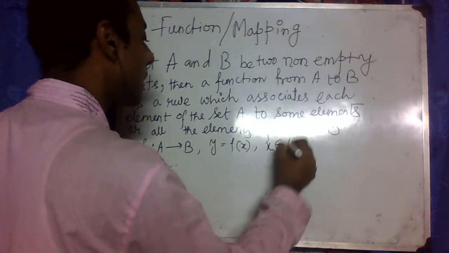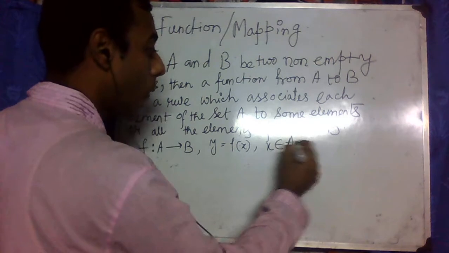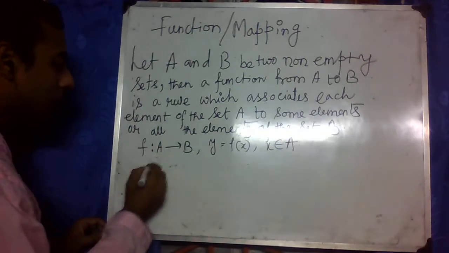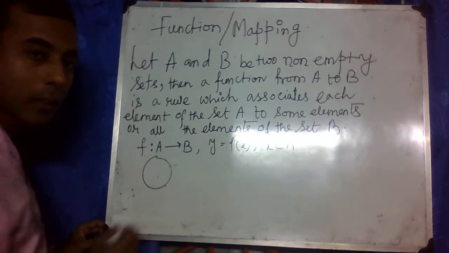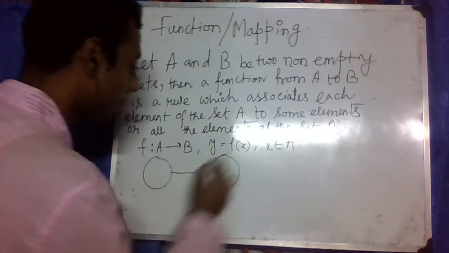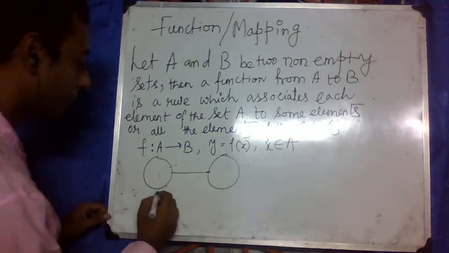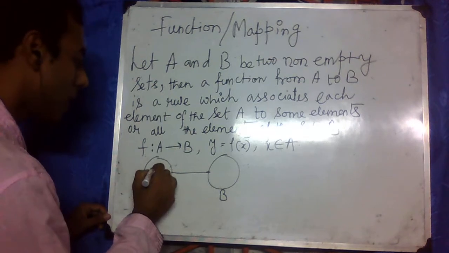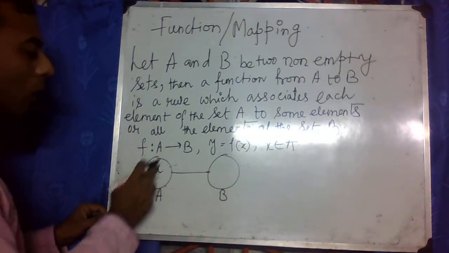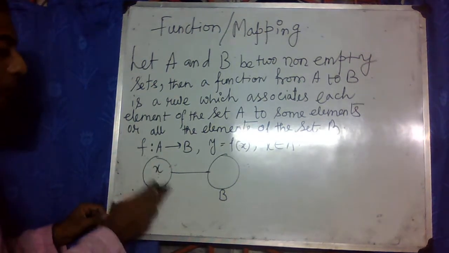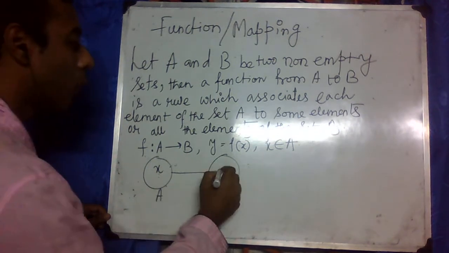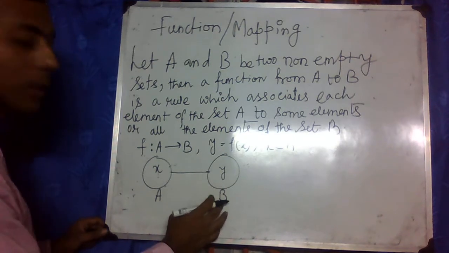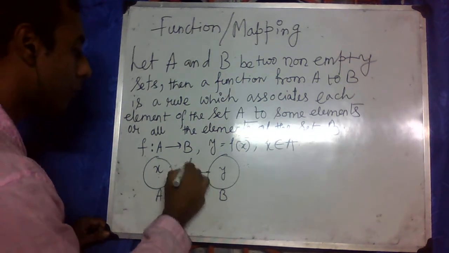Let x be an element from A. That is A to B. x denotes all elements of A, y all the elements in B, f.